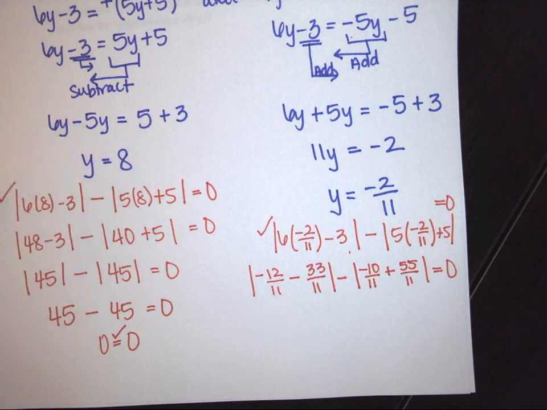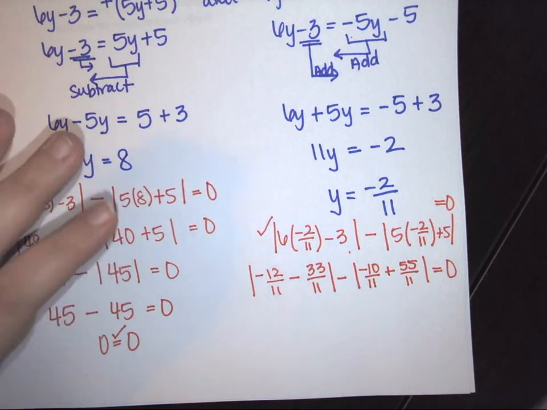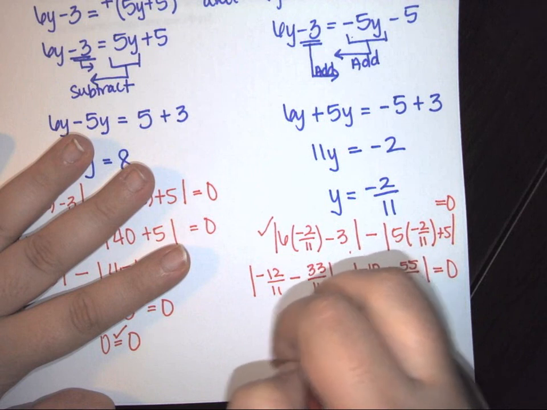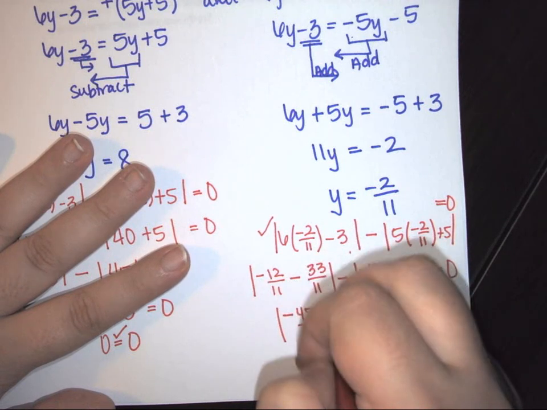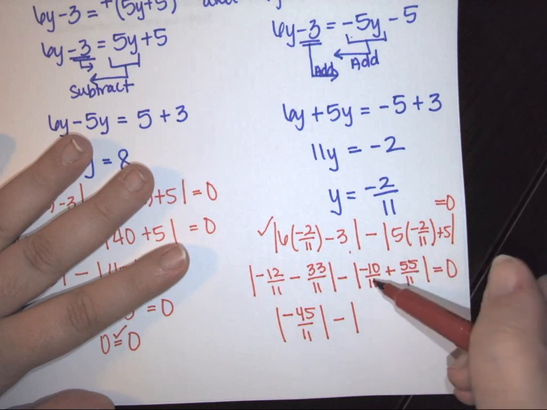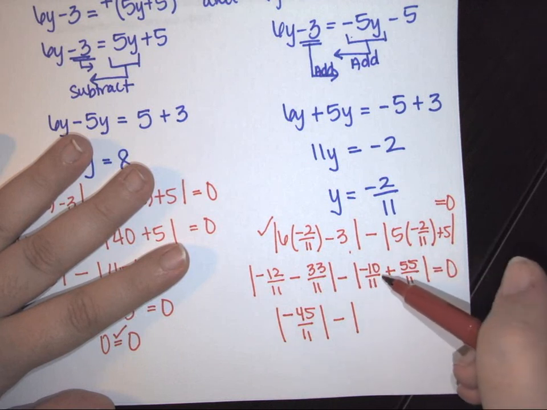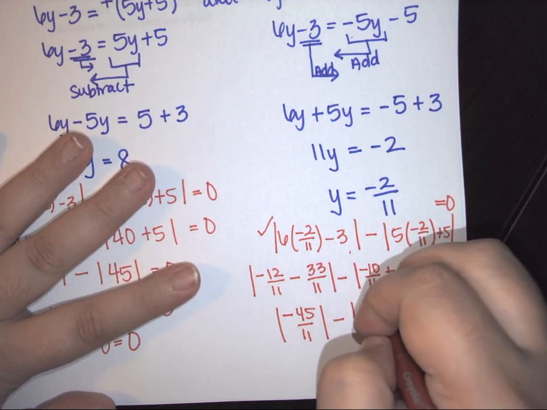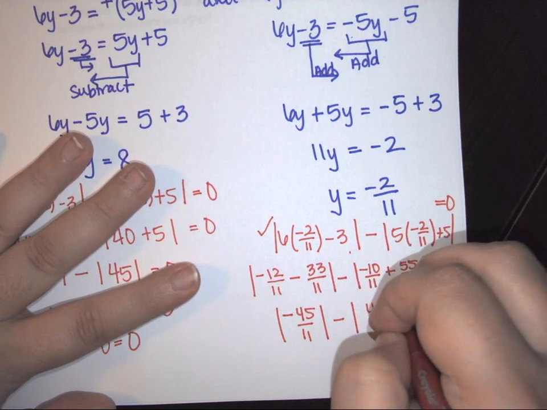So I have negative 12 minus 33. And that's going to give me a negative 45 over 11. And looking at the other side, I have a negative 10 over 11 plus 55, which is going to give me 45 over 11.